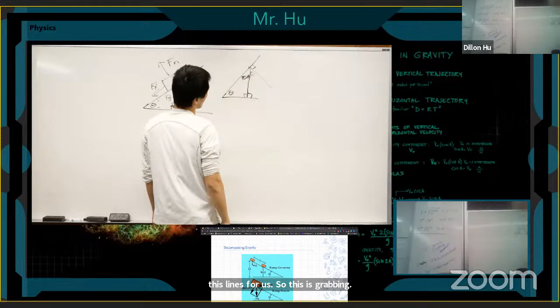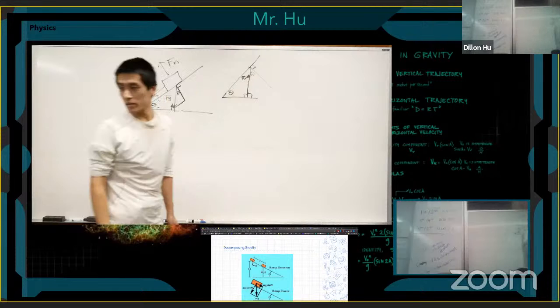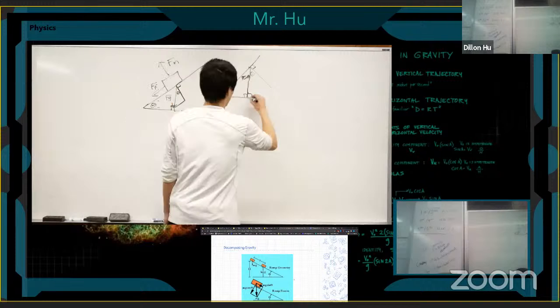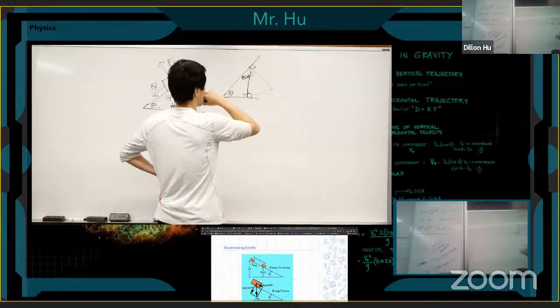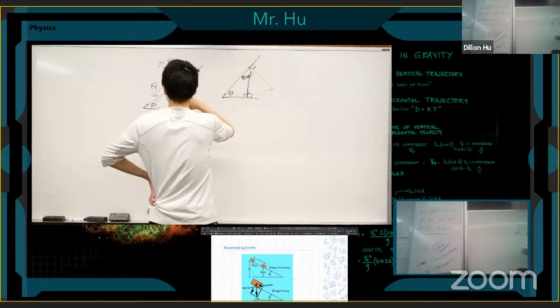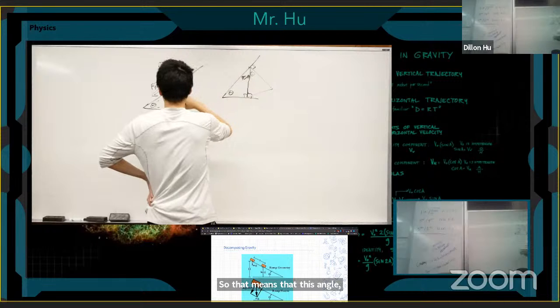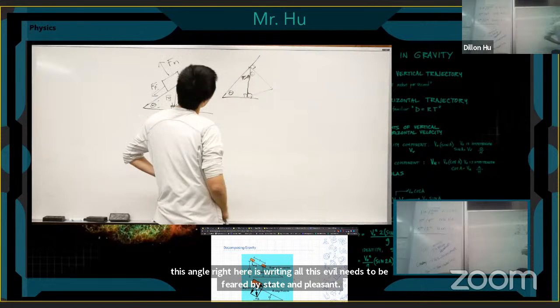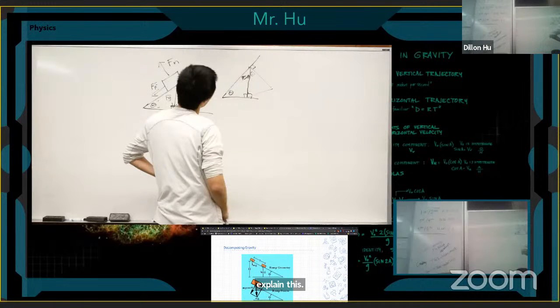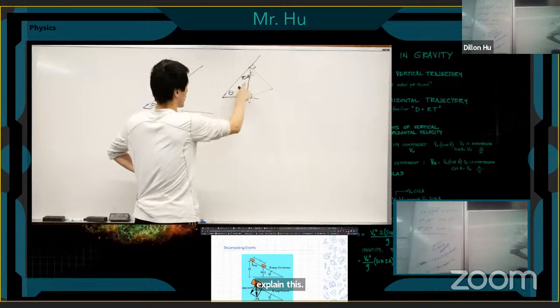How else can I explain this? Basically this angle is theta. Because this angle is a right angle, this angle has to be 90 minus theta, because this has to be a triangle, and the angles of a triangle add up to 180.